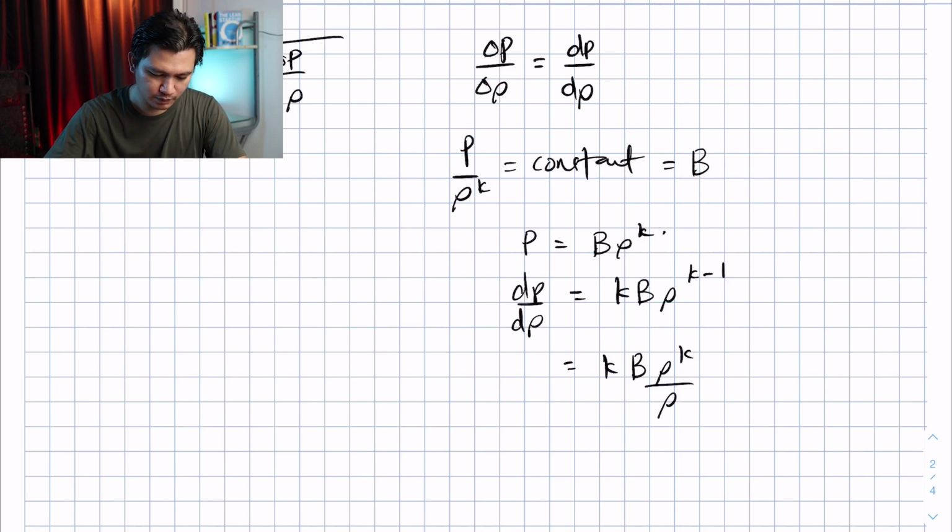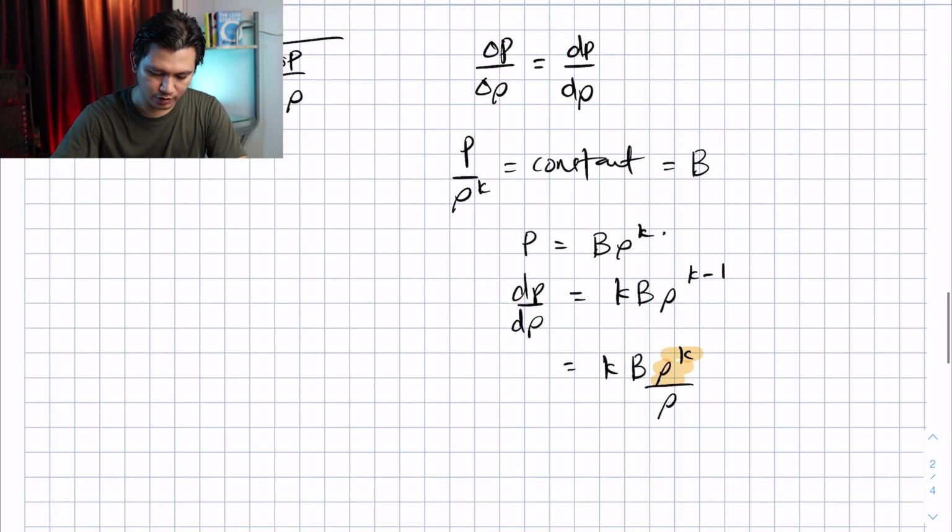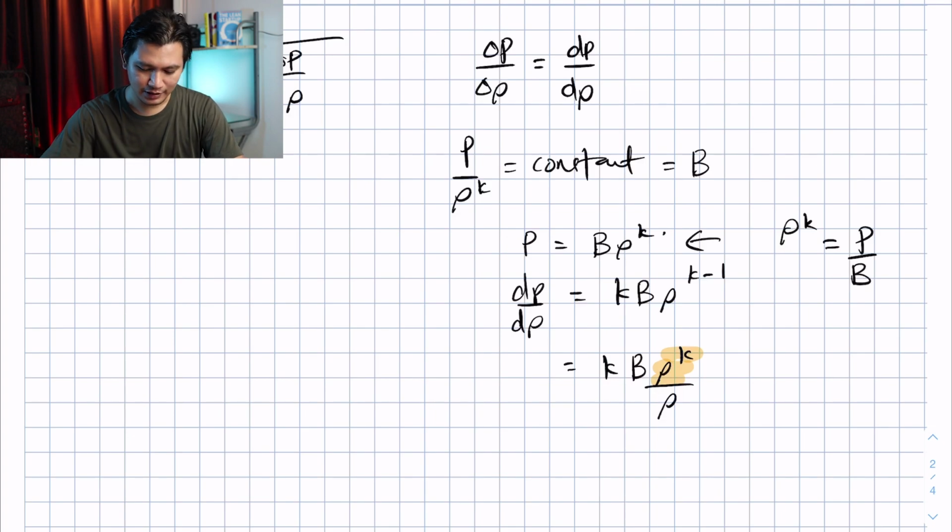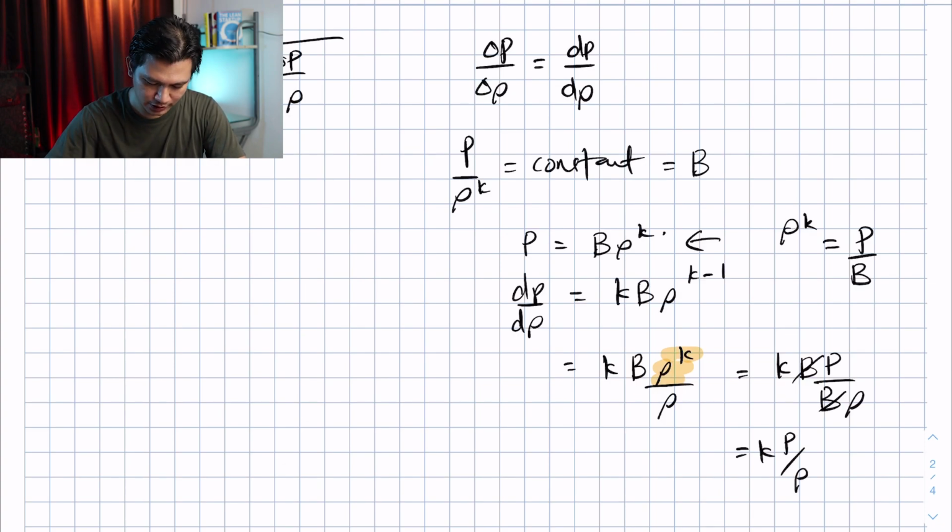And rho to the power of K, I can manipulate this such that rho to the power of K is equal to P divided by B, isn't it? So this is actually K times B times P over B divided by rho, and you end up with K P over rho. And this is your dP over d rho.